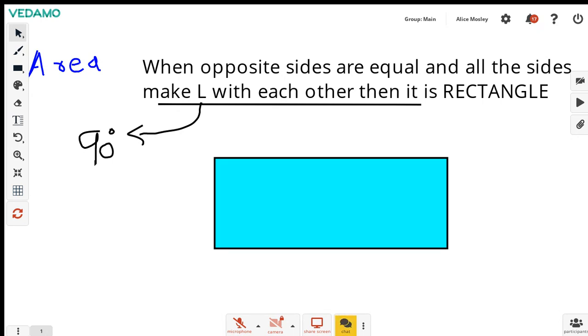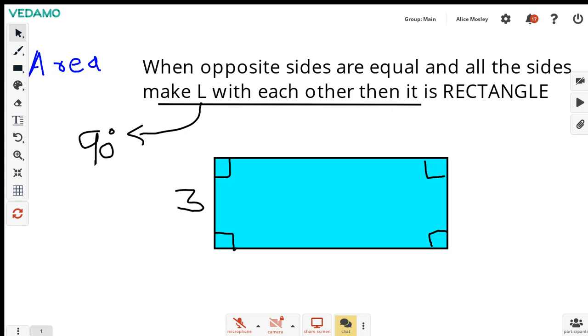Okay, this is something like a rectangle. So as you can see, all the sides are making a 90-degree angle with each other, right? And the opposite sides are always equal. So this is 3, this is 3.